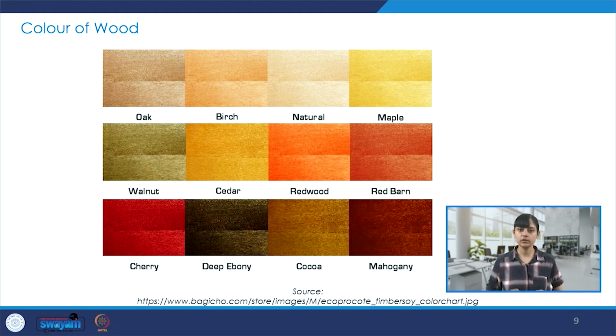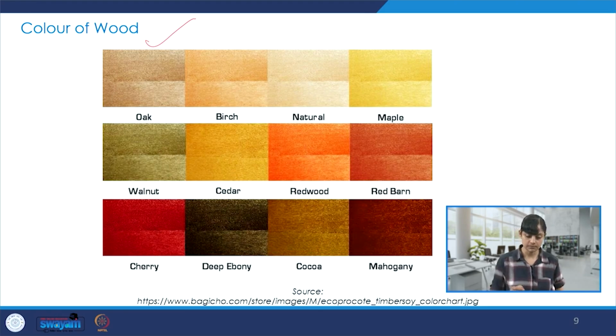So we see over here, of course, because of the screen and because of the digital translation, there may be slight deviation from the original color pigment. And of course, since it's a natural timber, there may be variations within each batch also, but largely representative of what these timbers showcase in terms of color.